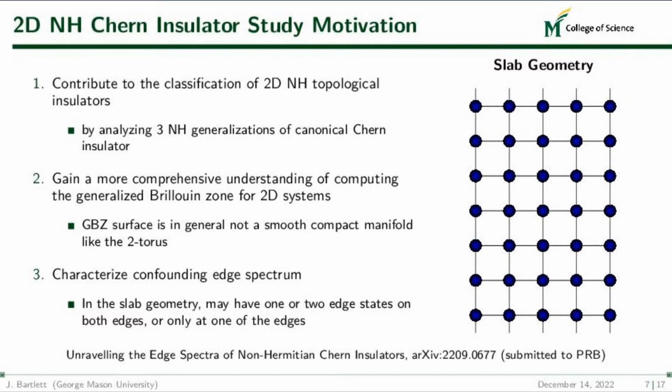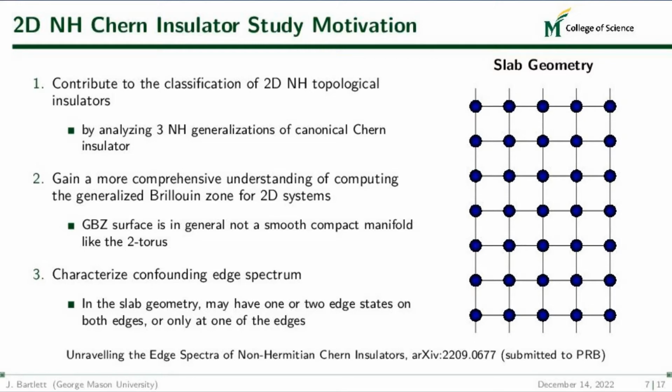We also wanted to gain a better understanding of what's called the generalized Brillouin zone in 2D systems. I'll talk about this in a few slides, but this is the extension of the Brillouin zone when you're dealing with non-Hermitian systems. And thirdly, we wanted to characterize the different edge spectrums in non-Hermitian Chern insulators.